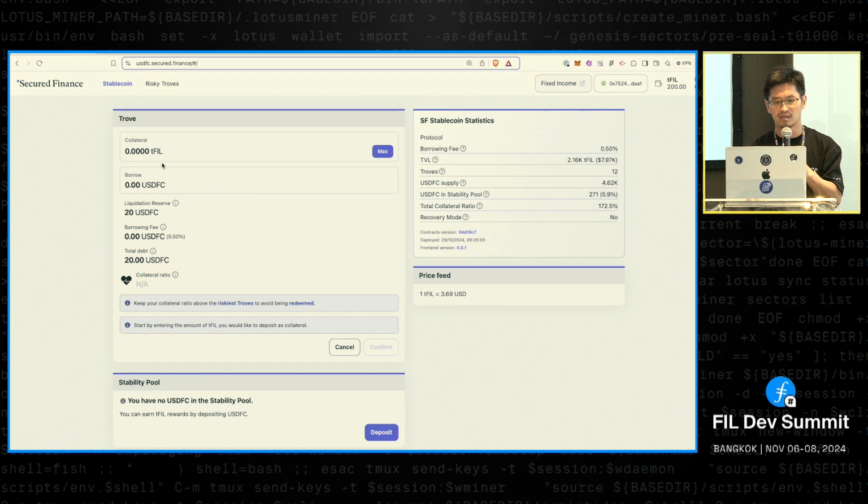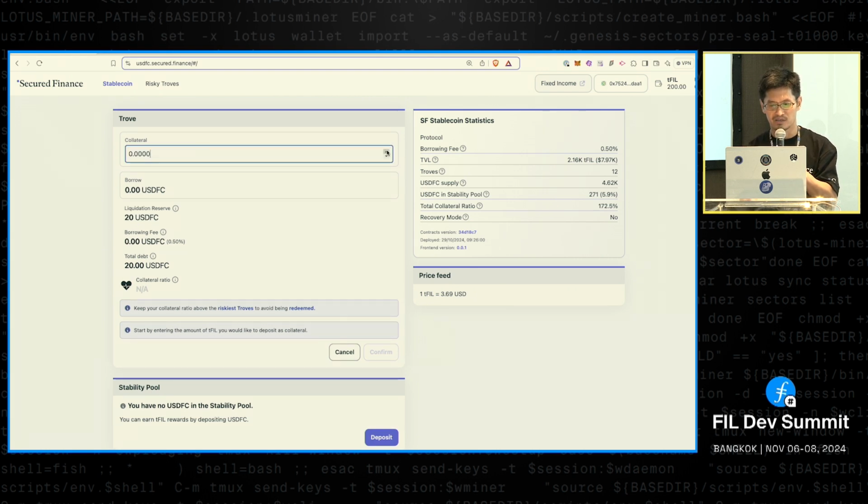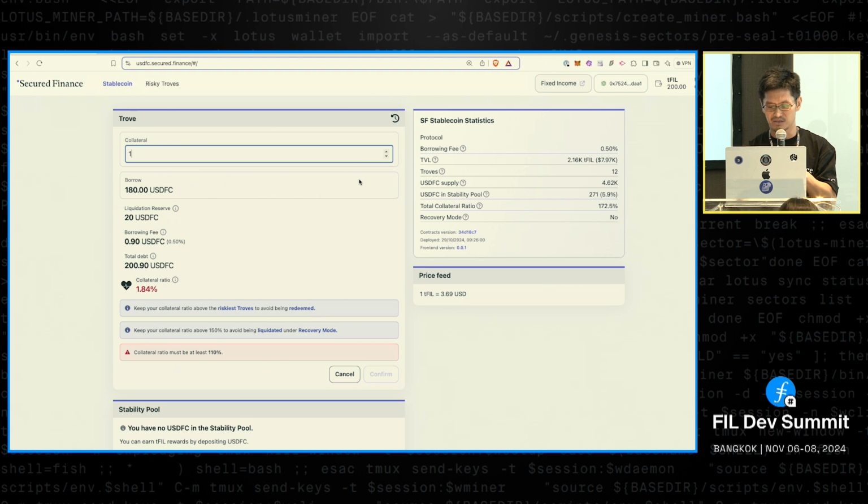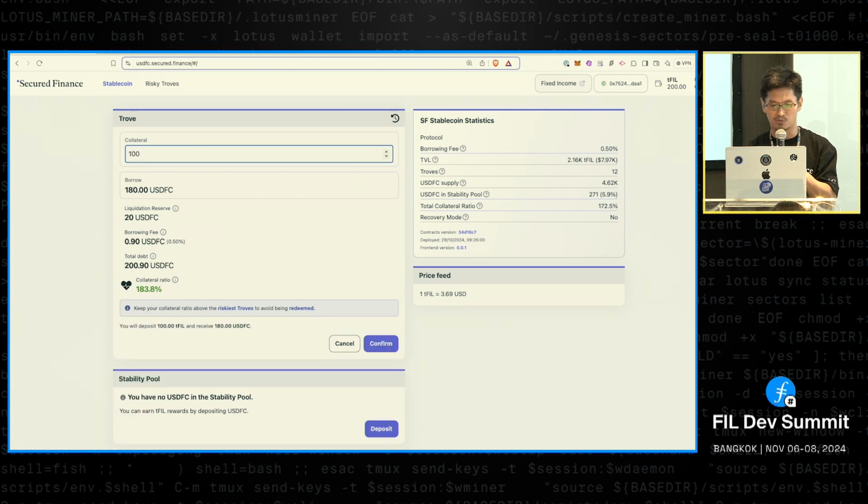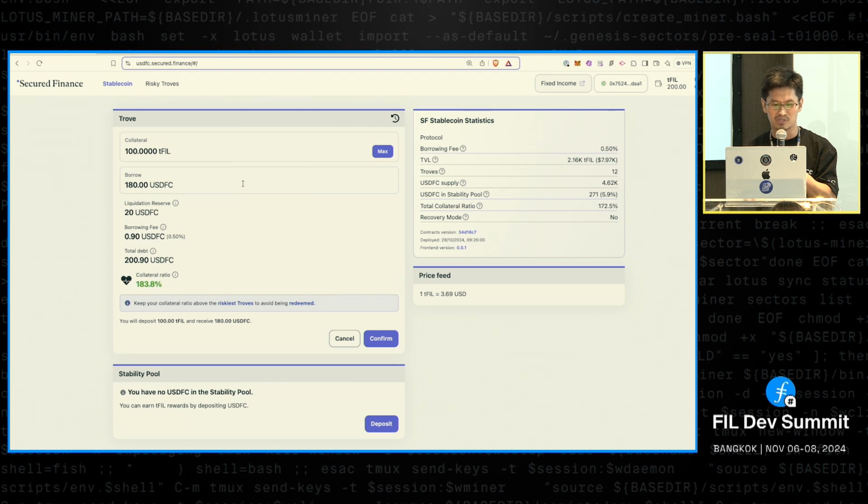Okay, so let me start playing with it. Just put how much collateral you want to pledge and how much USDFC to mint. The minimum number is currently 200 USDFC as a total.